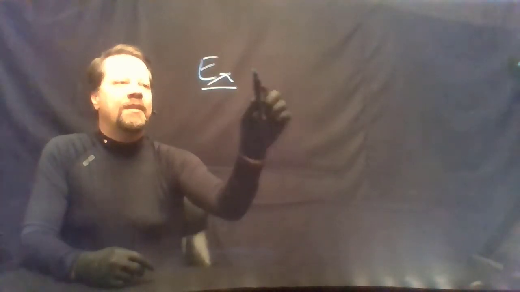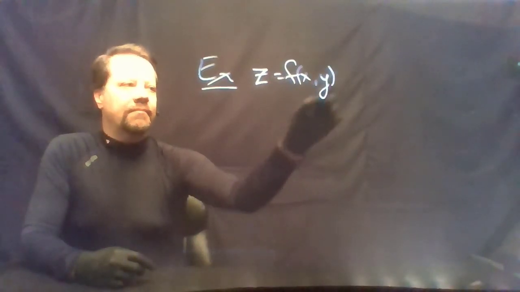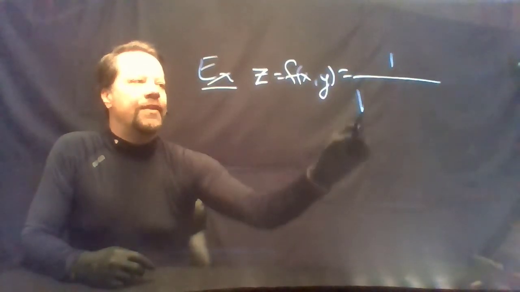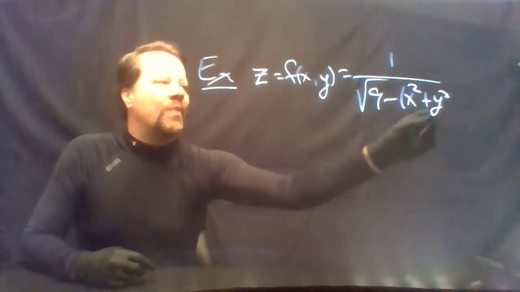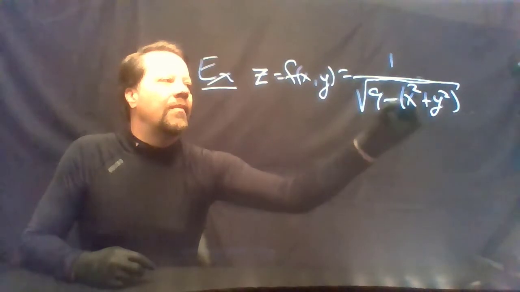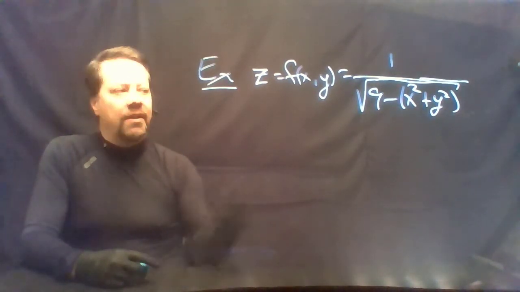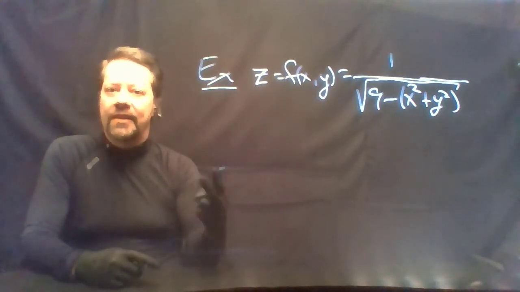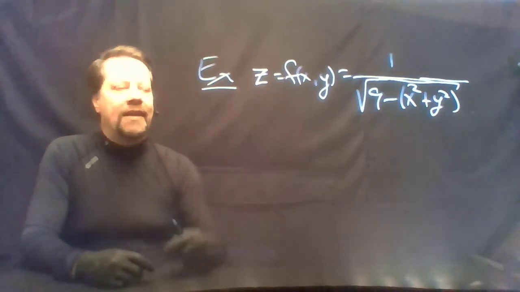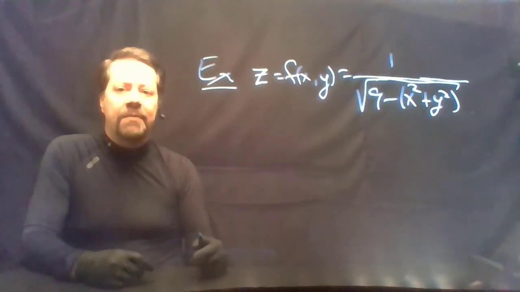Altering this last example by just a little bit, suppose I have a function which is 1 over the square root of 9 minus the quantity x squared plus y squared. When you ask the question, what can go wrong? Now there are 2 things that can go wrong. Not only can you get a negative under the radical, but you can get division by 0.